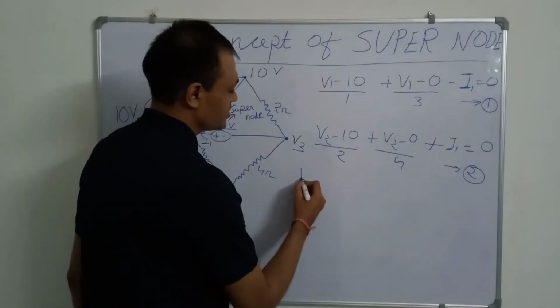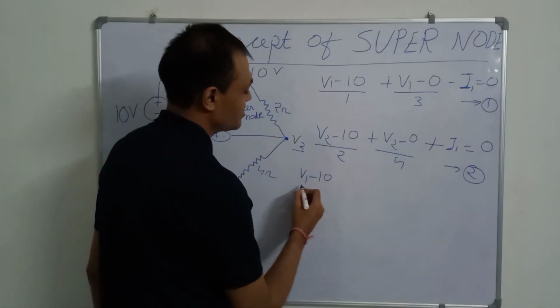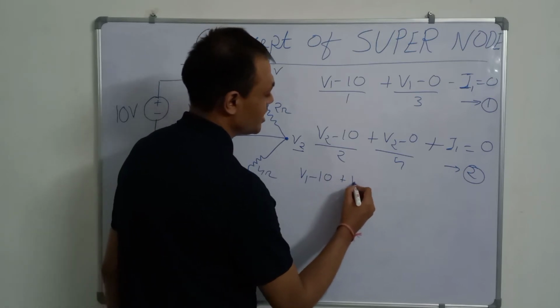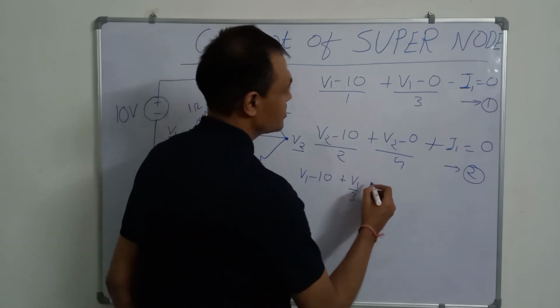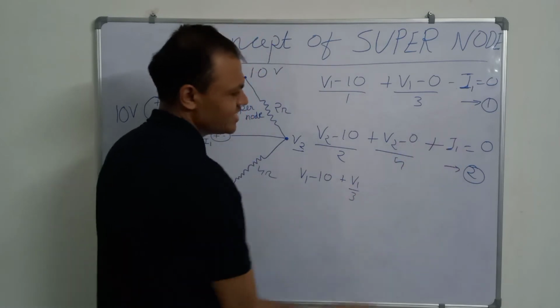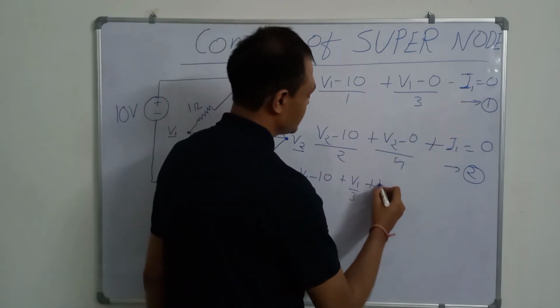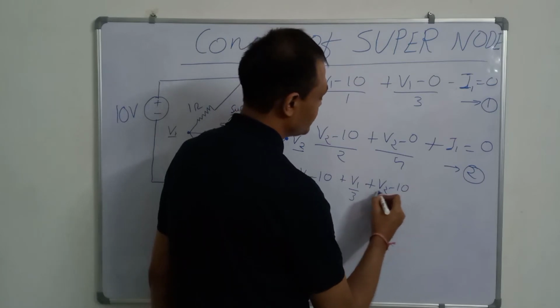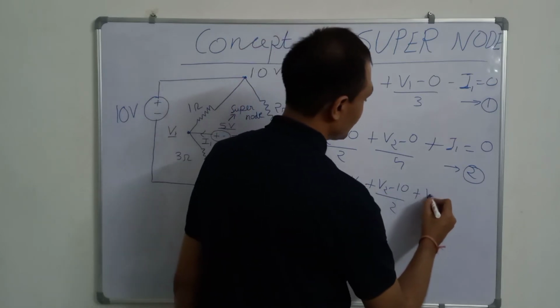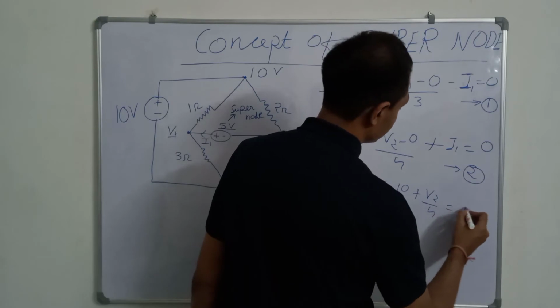So (V1 minus 10) plus V1 upon 3, and if we add these two, then minus I1 and plus I1 will get cancelled. So plus (V2 minus 10) upon 2 plus V2 upon 4 equal to 0.